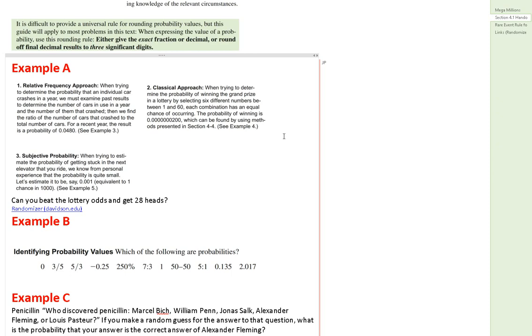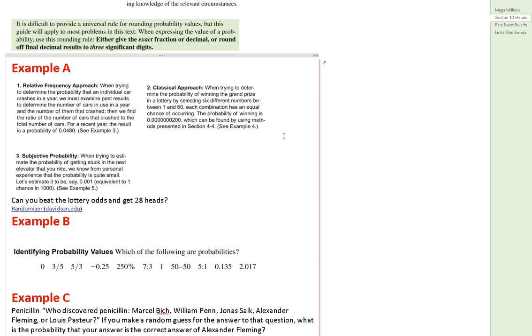So the probability of winning is 0.00000002. Like I said, about the same whether you play or not, but that's your probability. We'll be able to calculate that kind of stuff in Chapter 4 after we do Section 4.4.